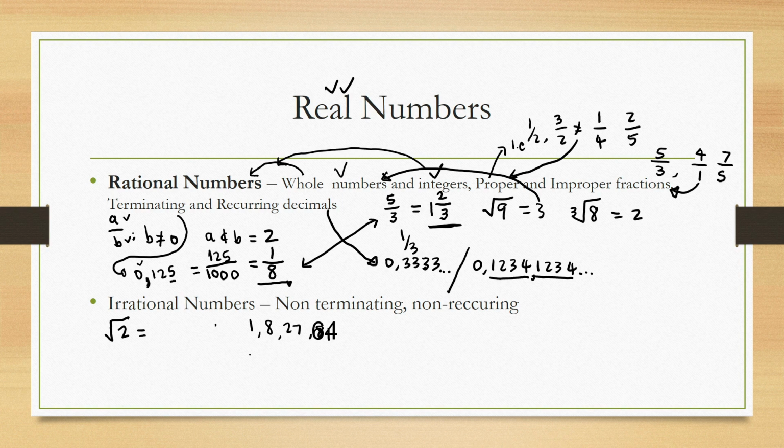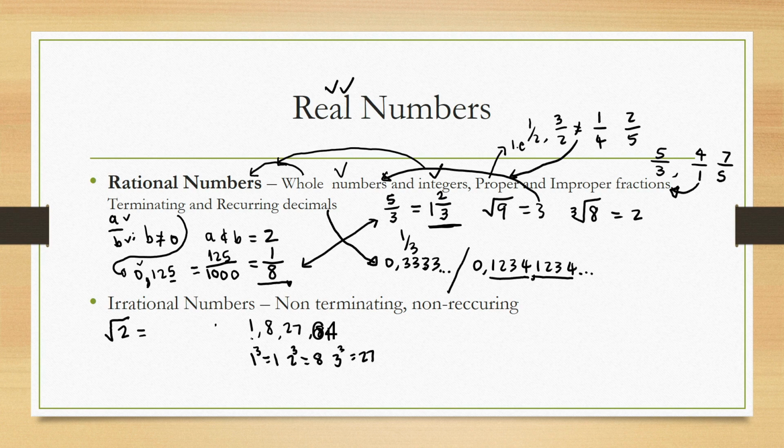For example, 1 cubed is 1 times 1 times 1, which is 1. 2 cubed is 2 times 2 times 2, which is 8. And 3 cubed is 3 times 3 times 3, and then you will get 27.